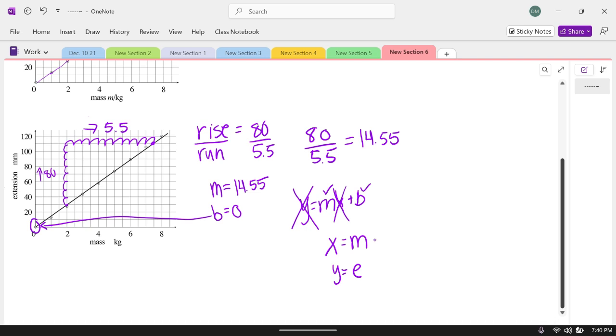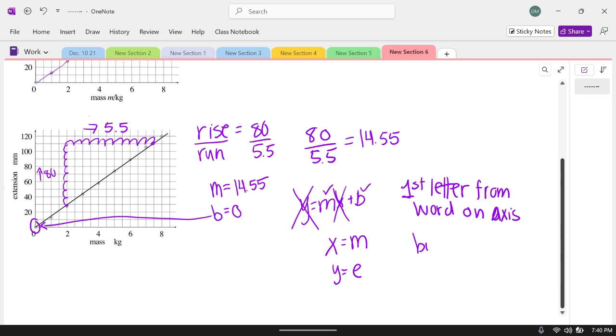So, with that being said, a good rule of thumb is to use the first letter from the word on the axis when you're replacing x and y.